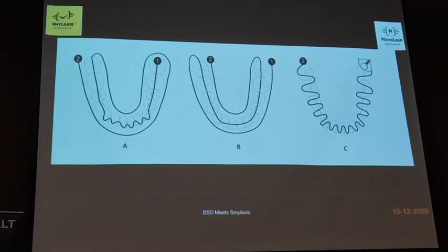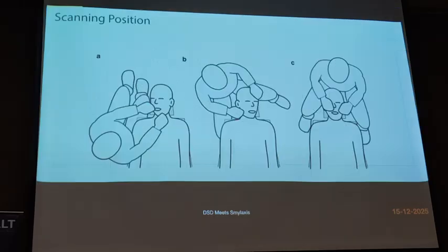Got it? So if you follow all these routine protocols, like the distance of the scanner from the tooth surface, the angulation, the time and how you move it, all of it matters. And there should not be any air bubbles in between, or saliva. If you take care of all that, we get good scanned images.